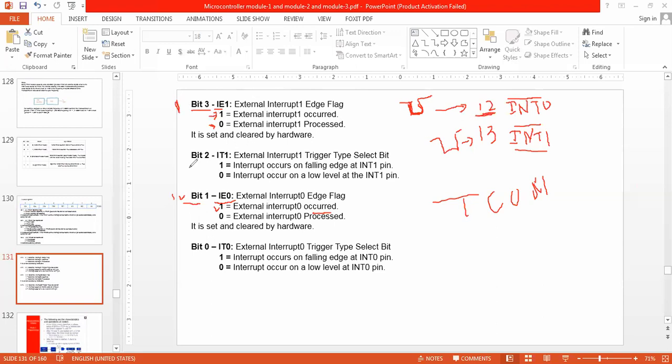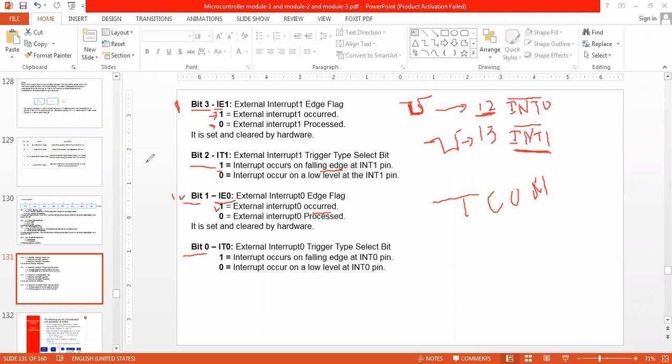Then bit number 2 and bit number 0 are used to select what type of signal we require upon pin number 12 and pin number 13. IT1 is related to INT1.